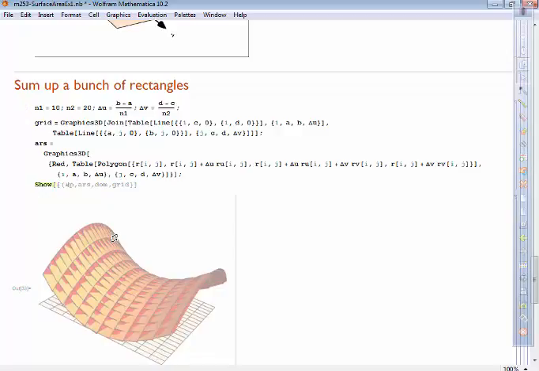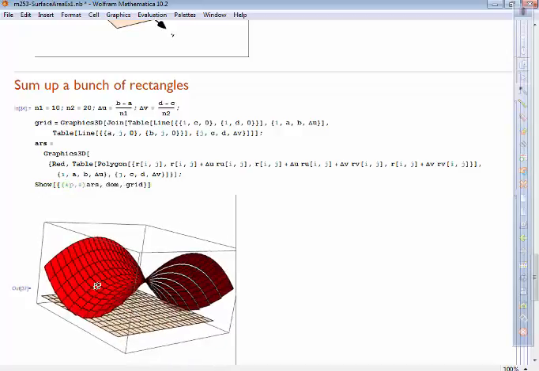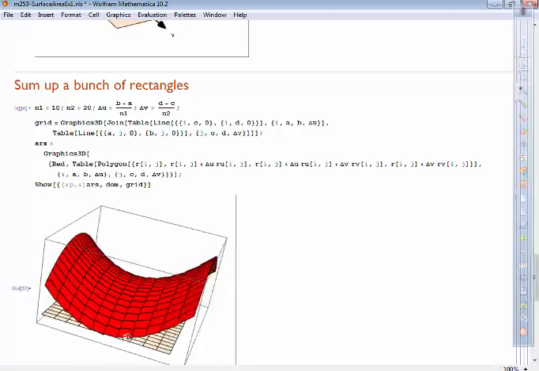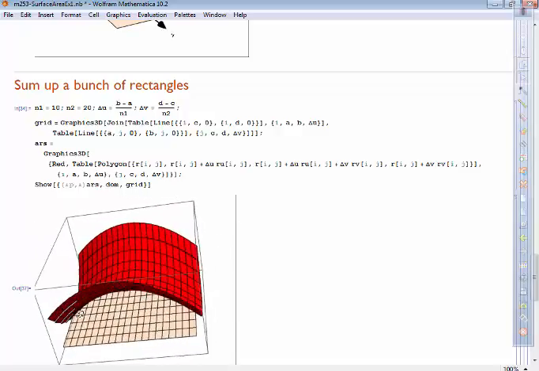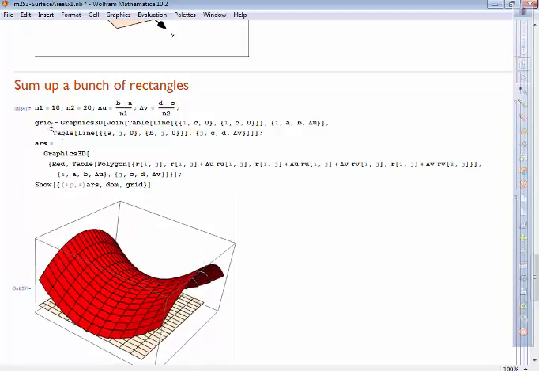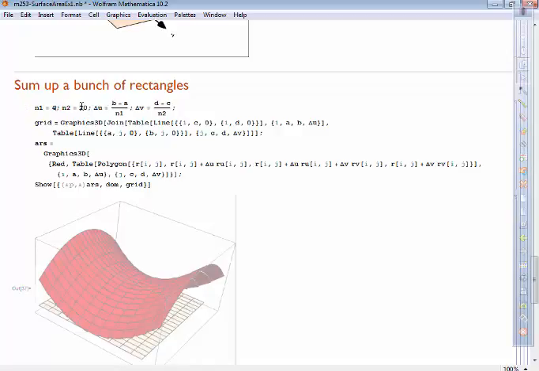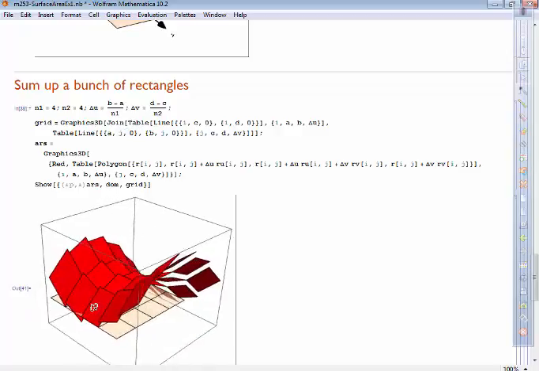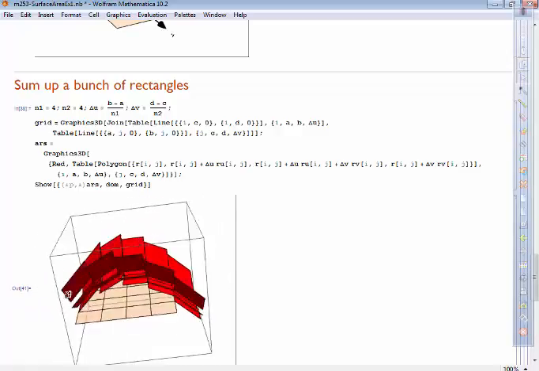I think it might be easier if we take away the surface. Oh, I changed it. This is 10 and 20 now. Let's go really rough approximation. If I just have 4 partitions, this is what I have, just a bunch of Post-its.